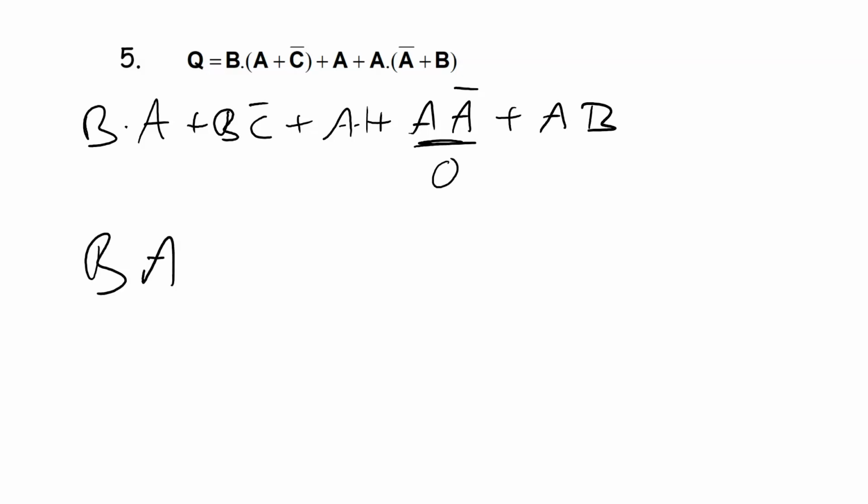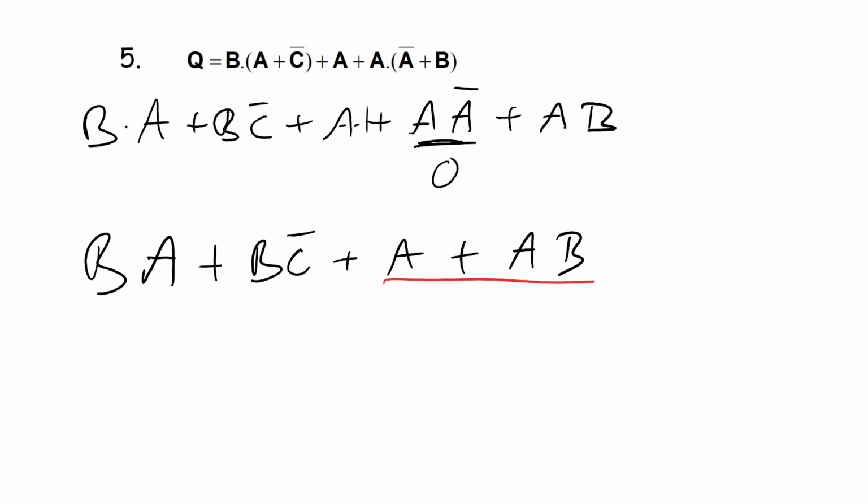So we ought to rewrite it. B, A, or B, not C, or A, B. And you know what? That even makes that clearer there, doesn't it? Look at that. We know that's straight away going to be A because that's one of the identities that we looked at earlier.